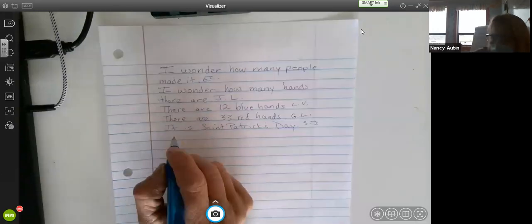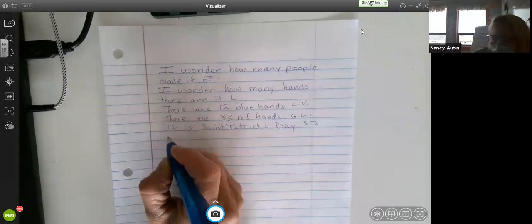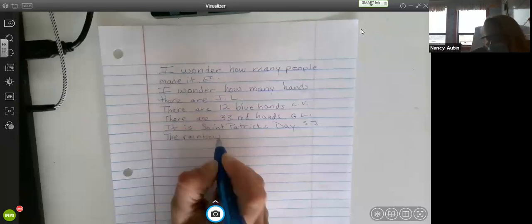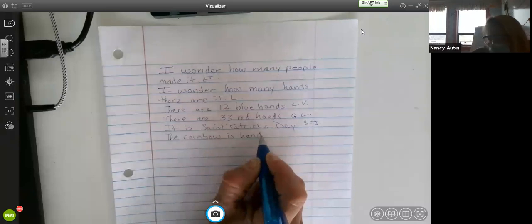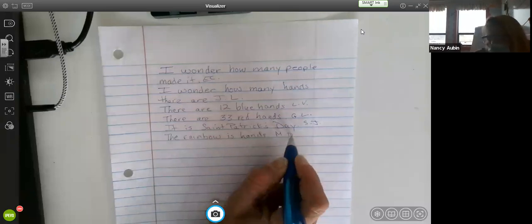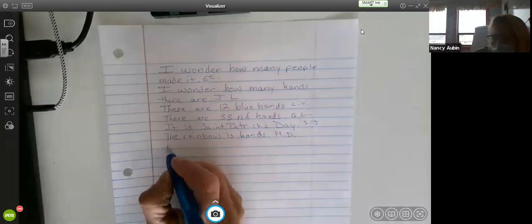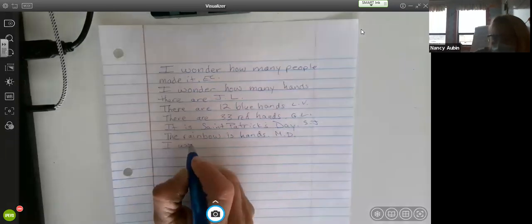I noticed the rainbow is hands. Sunny. I wonder if you know all the hands and times it by 2, that would be everybody's favorite that.